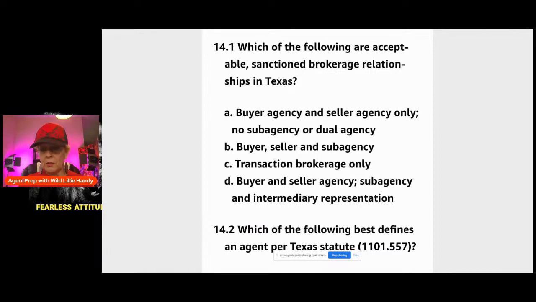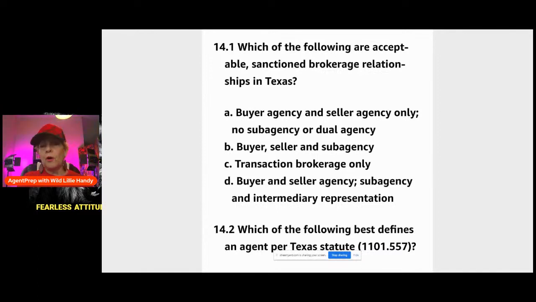When the broker represents both sides, then that's intermediary. Sub-agency is when the buyer is not represented, so the sub-agent that's writing the contract for that buyer is actually representing the seller.